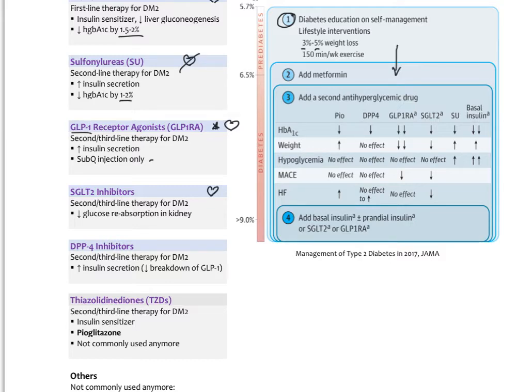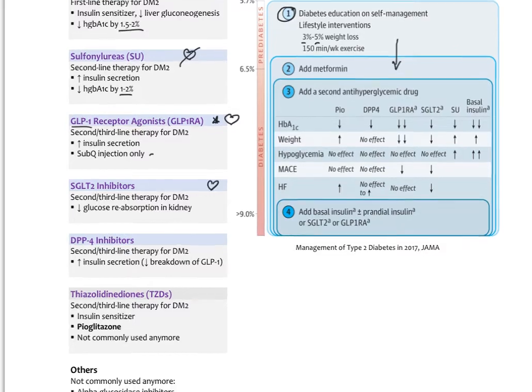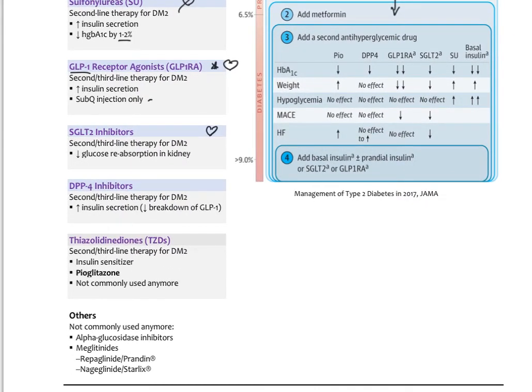And then one final agent I'll just mention here is the TZDs, thiazolidinediones, big mouthful, but there's only one of these medications still on the market. The other one was removed because it seemed to increase the incidence of heart attacks in patients.